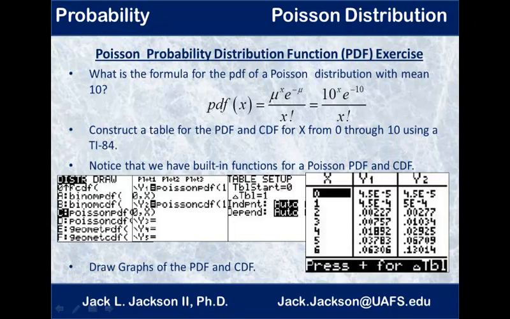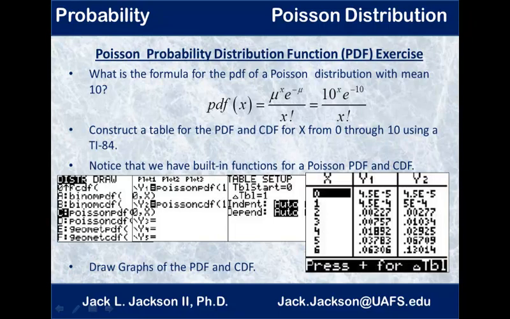Second window will get you to this screen, and here we want to start the table with X being 0, and we want delta table to be 1, that is delta X to be 1, that is going up by 1s, and put everything on automatic, and then hit table, and you'll see that X does what we told it to do here, start at 0 and go up by 1s.